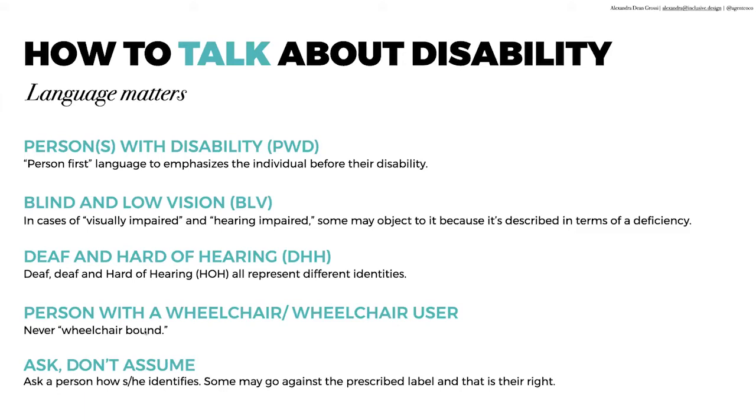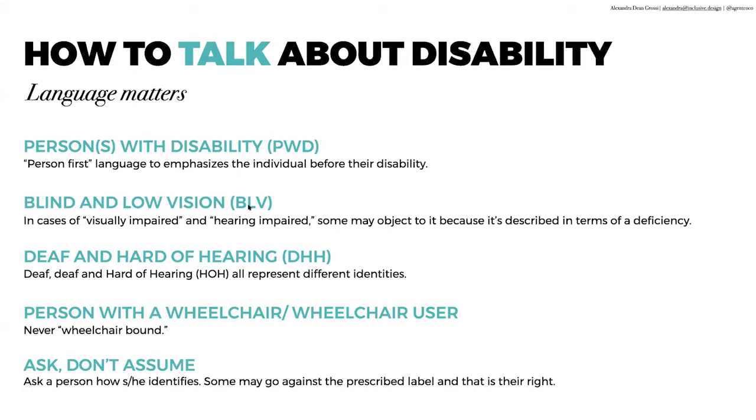But a lot of groups of disabilities are trying to reclaim that word. So the people of the deaf community, by and large, and there are always exceptions, prefer to be called a deaf person. So these are different terms for the different types of disabilities.